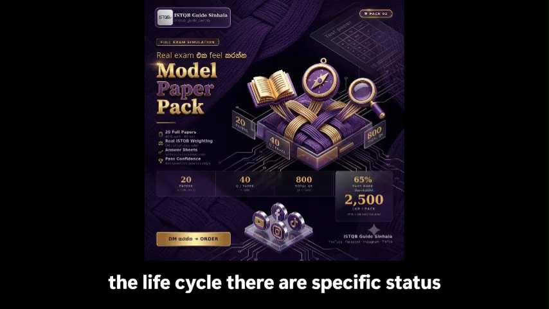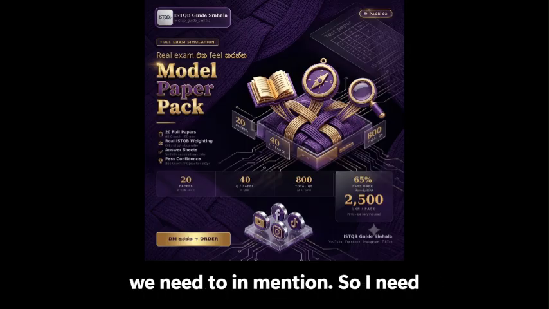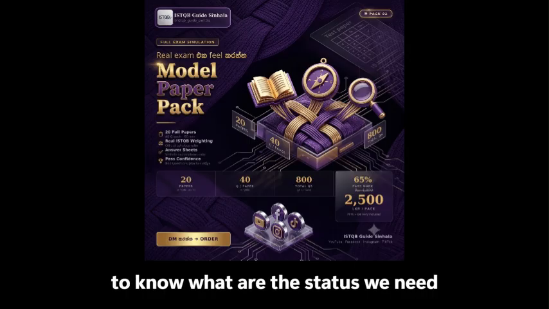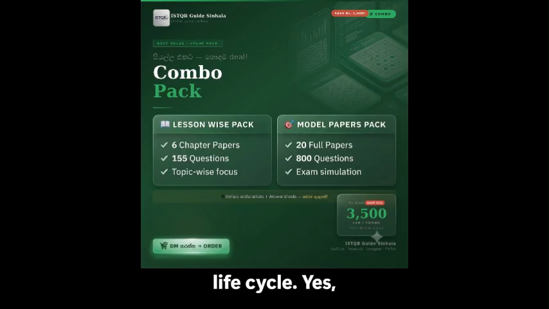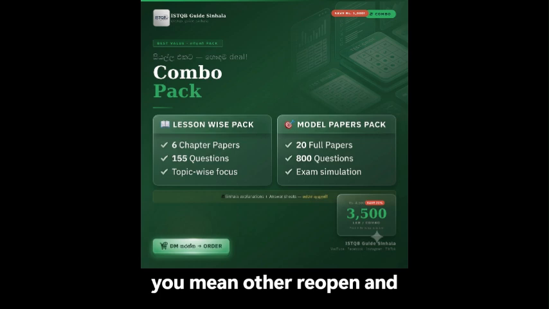So in the bug life cycle there are specific statuses we need to mention. I need to know what statuses we use when doing the bug life cycle. Do you have any idea about this? The statuses, you mean reopen and such things? Yeah.